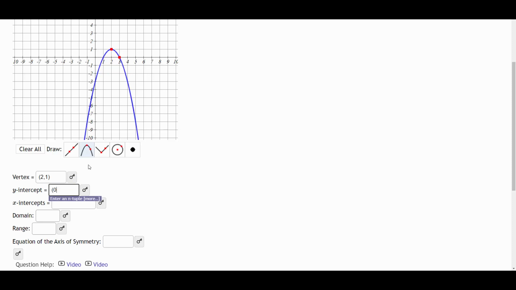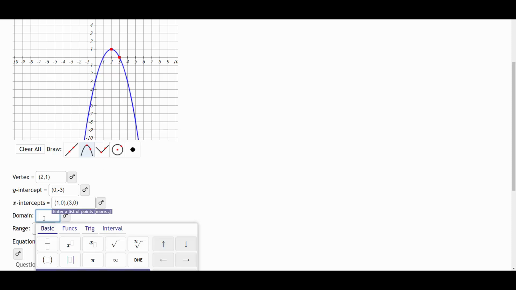So I'm going to go parenthesis 0, -3, and there we go. X-intercepts, I see 2 x-intercepts here and here, so I've got one at (1, 0). There we are. And then since I have a second one, I'm going to put a comma in between, and I'm going to start a second x-intercept, which is here at (3, 0).